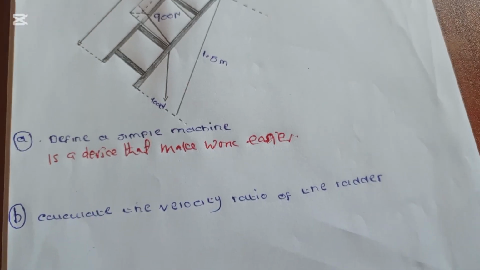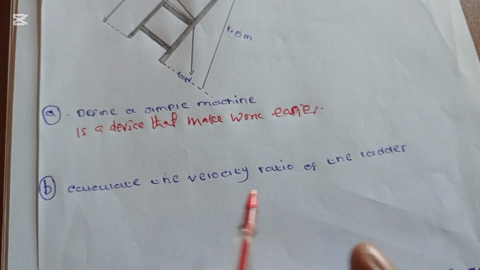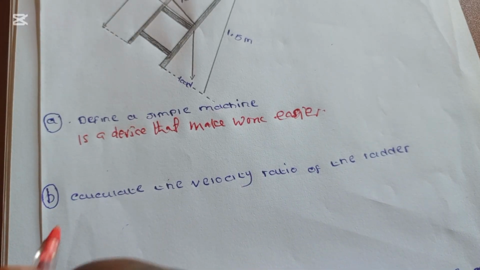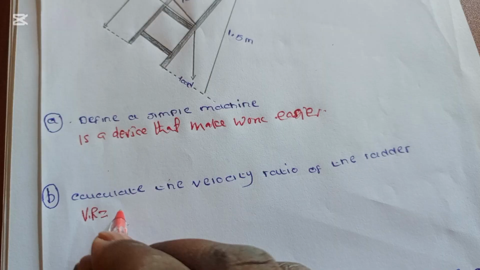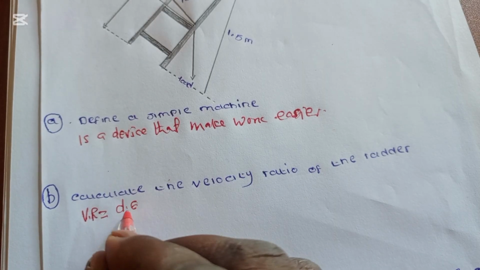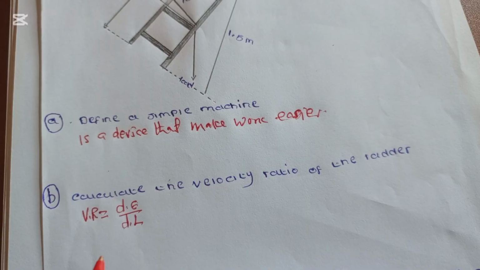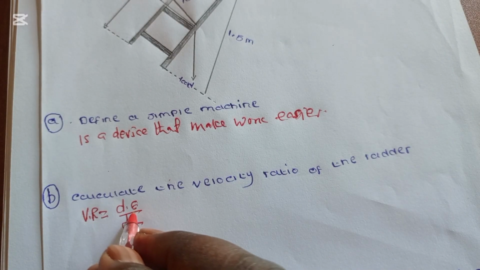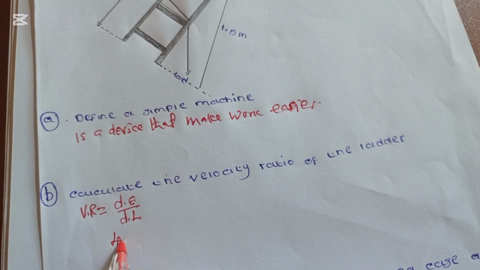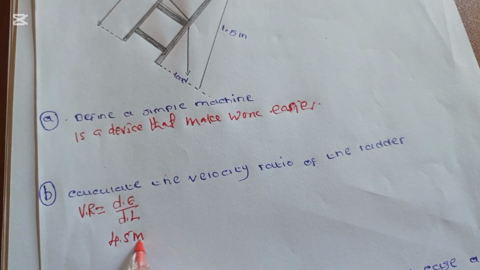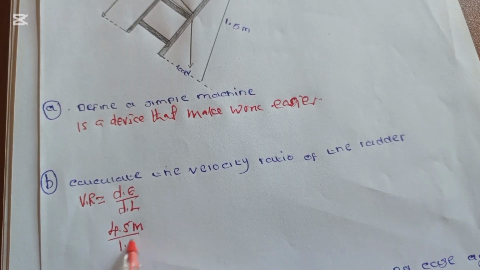Then part B, the question is saying calculate the velocity ratio of the ladder. We know that the velocity ratio is equal to the distance moved by effort over the distance moved by load. The distance moved by effort, as you can see, is 4.5 meters, over the distance moved by load, which is 1.5 meters.